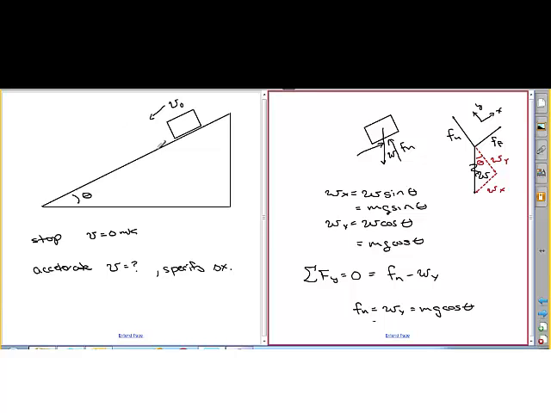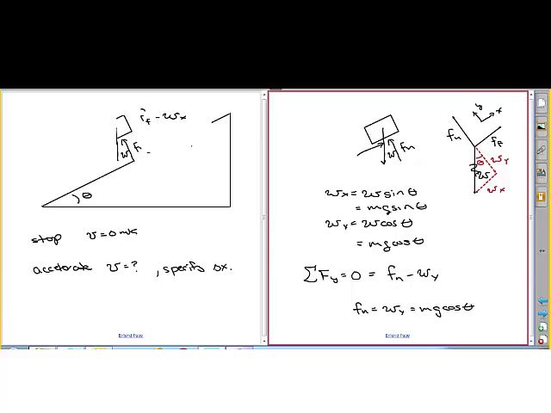Okay, so I'll have to go back and do the one where you don't have friction. But anyway, this is the one where you have friction. So you can still have it either speed up or slow down. If you didn't have friction, it would always speed up because there would be nothing to slow this thing down. So that gives you the acceleration in the x direction.